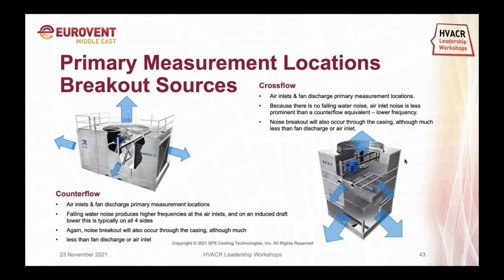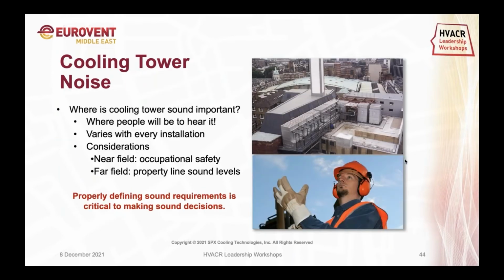Now, when we take into consideration the cooling tower noise, the most important factor that we need to consider is where the people will be hearing it, right? And this can vary with every location. What's near that cooling tower? What's near that facility with the cooling tower?